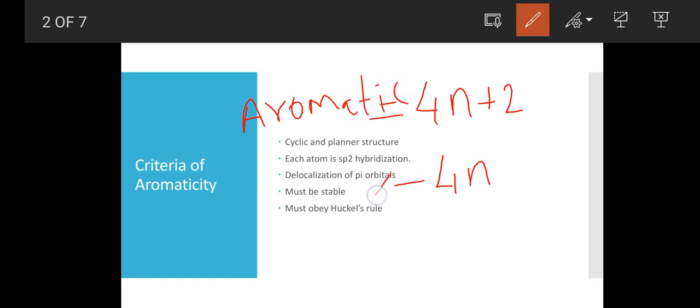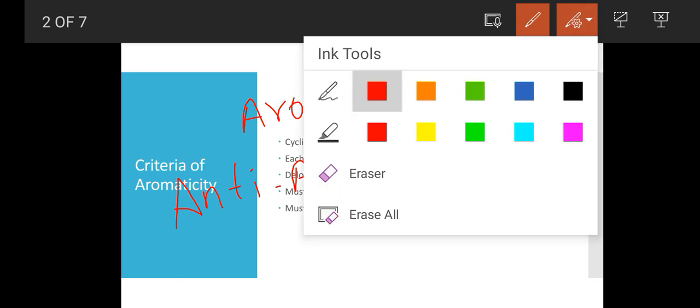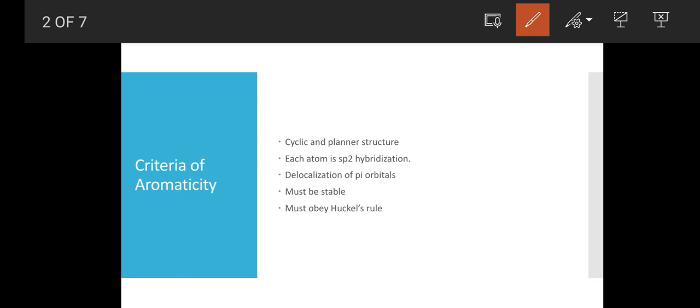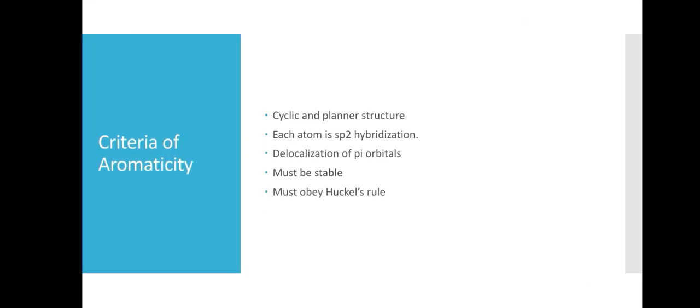If a compound obeys the 4n rule, that compound is an anti-aromatic compound. We will discuss that deeply in the next slide. These are all the criteria for aromaticity. Let us see the aromatic compounds.